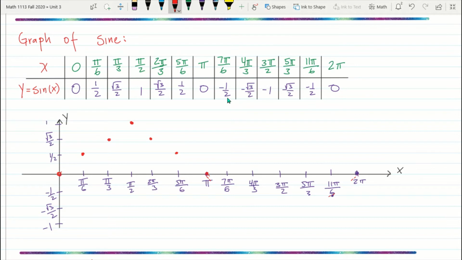At 7 pi over 6, we get -1/2. Right here, 4 pi over 3, we get negative square root of 3 over 2, and then 3 pi over 2 gives us -1. And then we start coming back up.